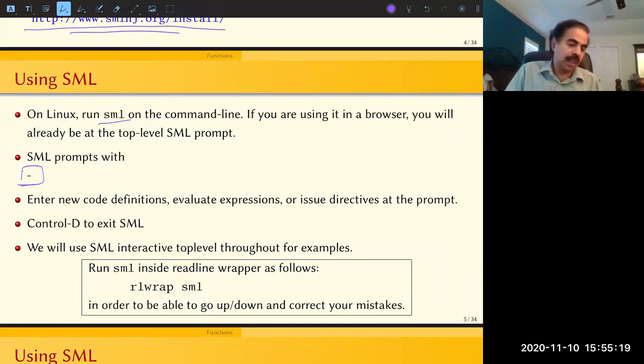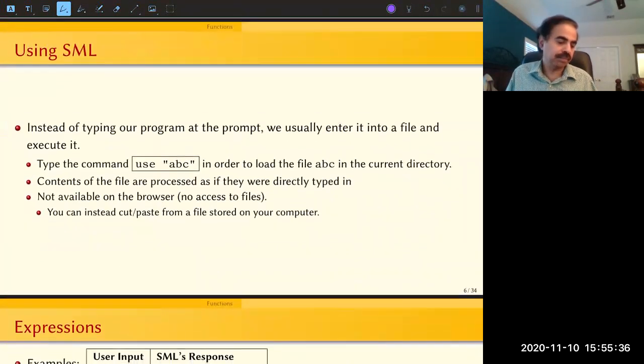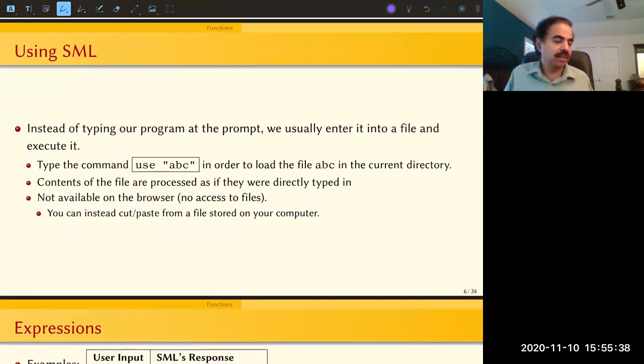Okay, so once again, you have to run SML. I recommend that you run the command rlwrap SML, which makes it easier for you to go back and correct your mistakes. So you can type your programs on the console, or you can store your programs in a file, and then you can tell Standard ML to read it.